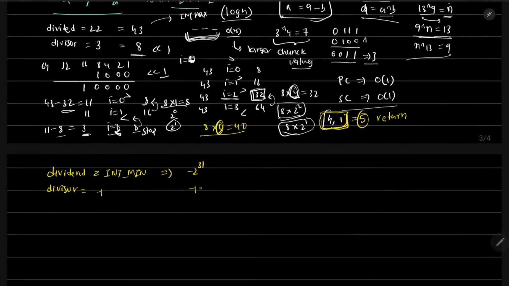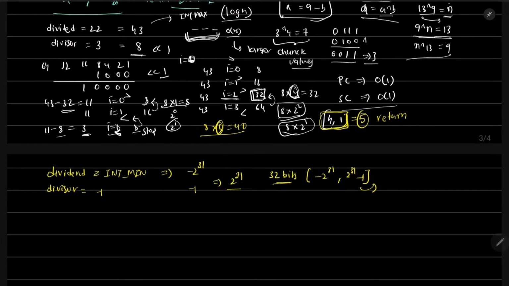If you divide the dividend by the divisor, it will be 2 power 31. But you know that 32 bits will hold only minus 2 power 31 to 2 power 31 minus 1. So this will overflow the 32 bit number. What do we have to do?